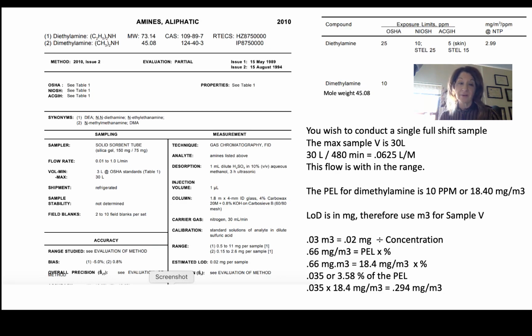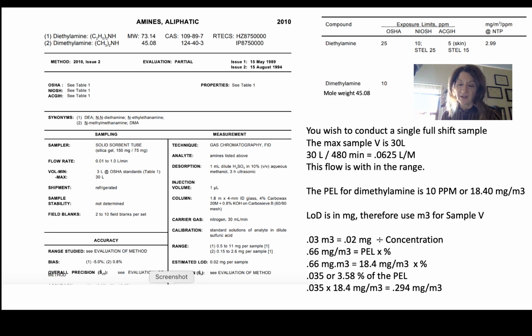And I put another example on the PowerPoint slide if you wanted to go through it: if you pulled a full shift sample with a sample volume of 30 liters, which percentage of the occupational exposure limit would you actually be measuring? And so you can see how sensitive your method is.